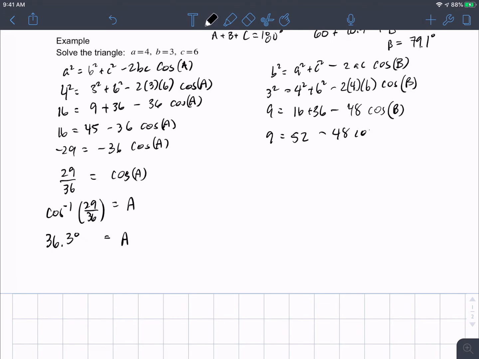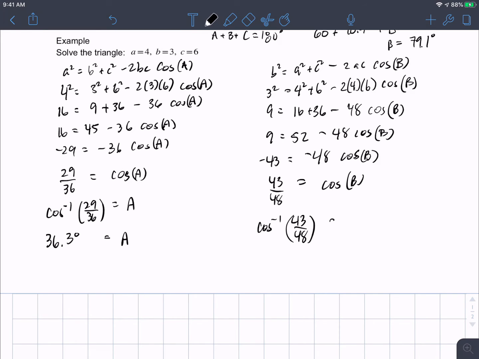Minus 48 cosine of B. And then that's going to give us negative 43 is equal to negative 48 cosine of B. So cosine of B is equal to 43 over 48. Cosine inverse of 43 over 48 is my angle B. And angle B then is 26.4 degrees.